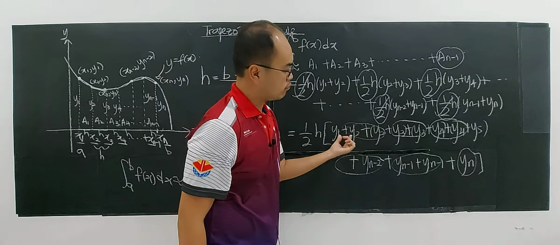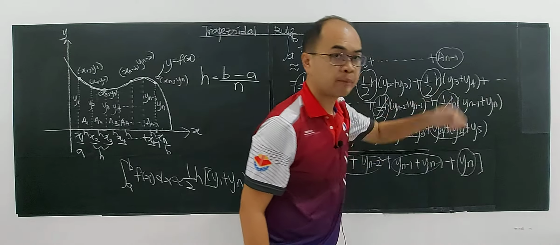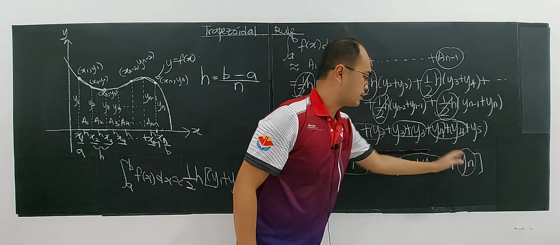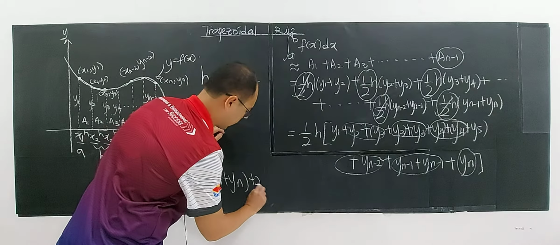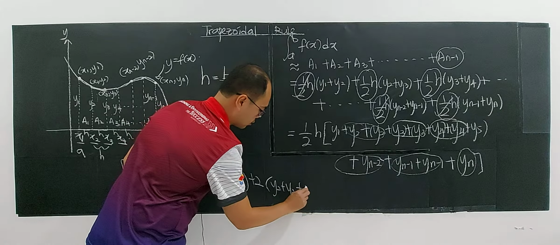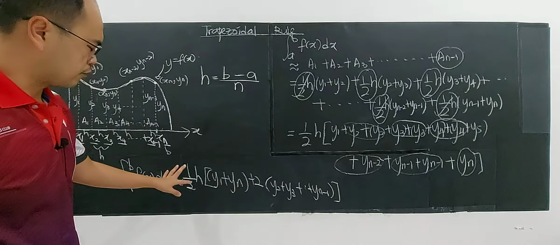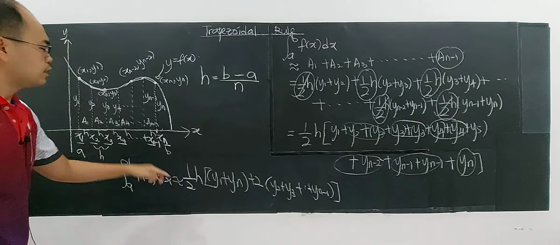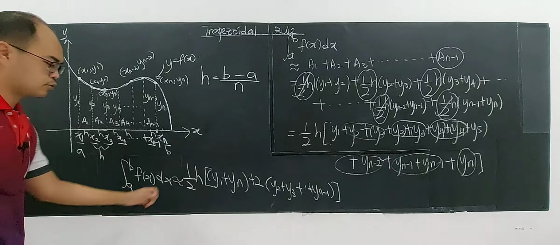All the middle values, y2, y3, and so on, repeat twice. So only the last and the first are alone. So plus 2 times y2 plus y3 until yn minus 1. If we add up all the areas of the trapezia, we get approximately the same as the area under the graph from a to b. We just use the word approximate.